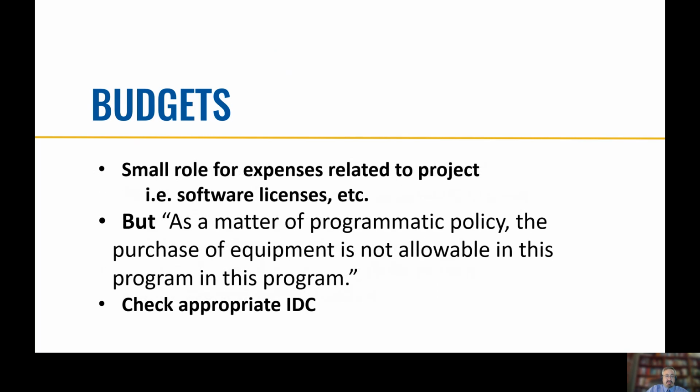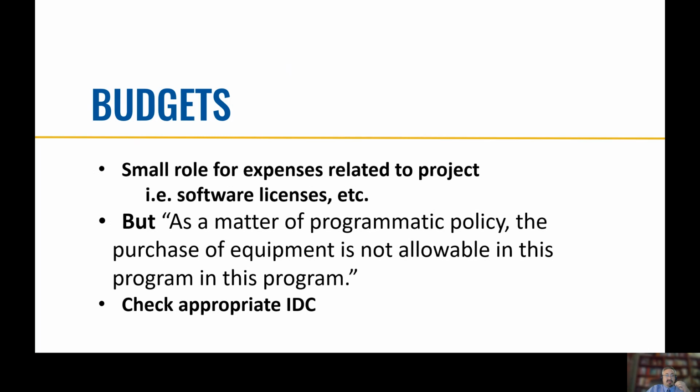There is a small role to be played in a budget for some expenses, such as software licenses, but we do say in the budget discussion of what can be included, as a matter of programmatic policy, the purchase of equipment is not allowable in this program.